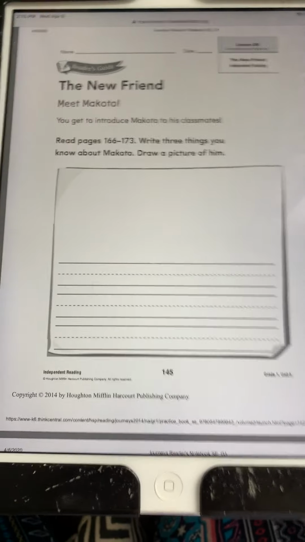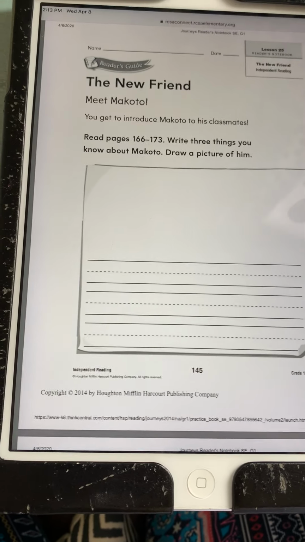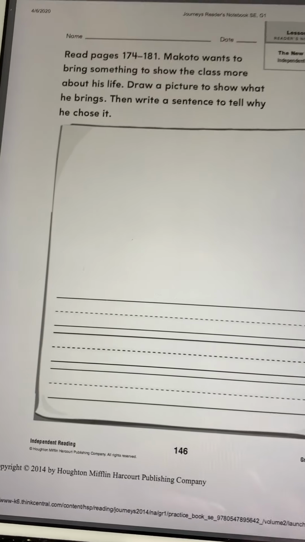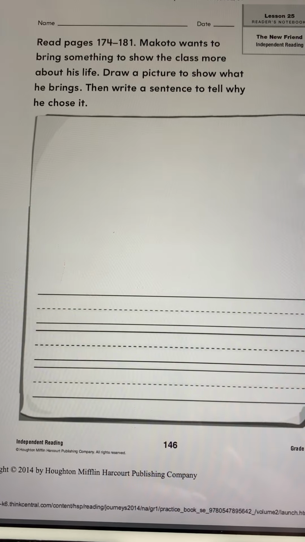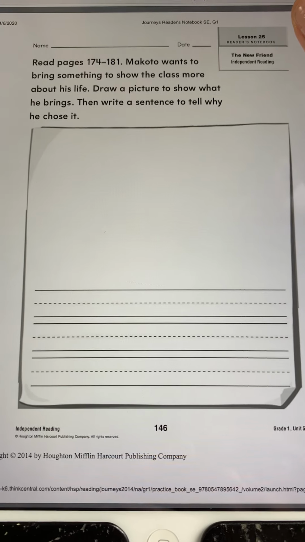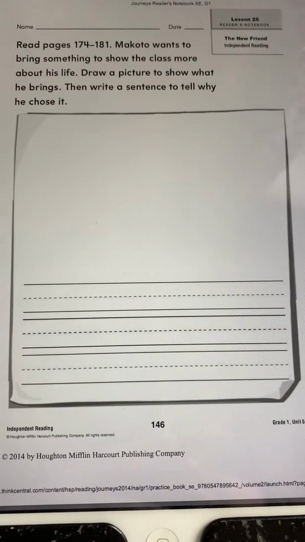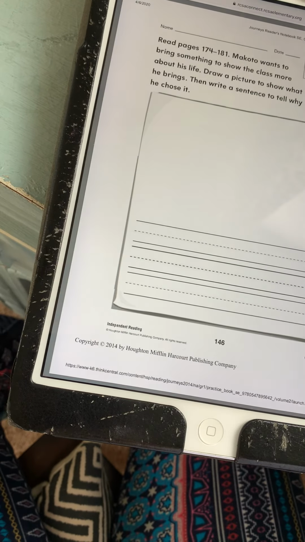You can describe what you know about him so far through the text. And then this is the continuation of it. This is the back of it. It's basically drawing a picture to show what he brings. He's having his own show and tell, and then write a sentence on why he chose it. There's no right or wrong answer. It's sort of what you think he might bring.